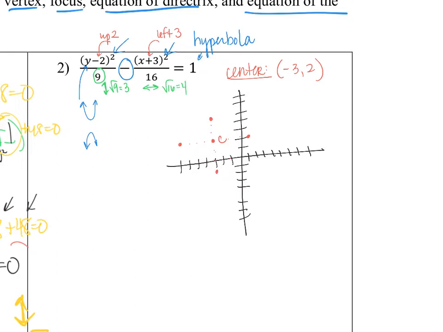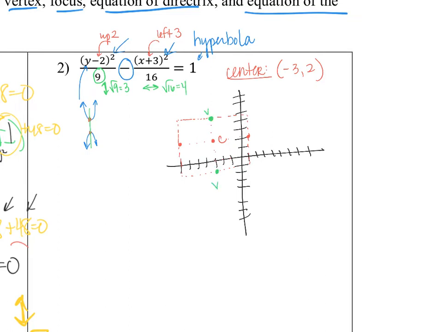Now for a hyperbola, it does not matter which length is longer, but what does matter is which variable came first. I already talked about that the y comes first, so it's opening up and down, which means that my transverse axis is vertical. So my vertices are going to be these two guys.